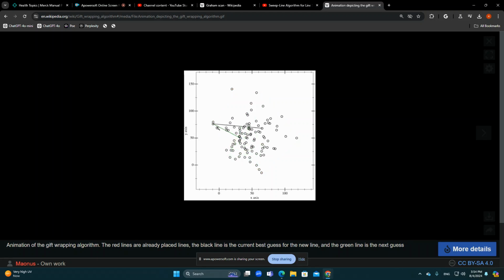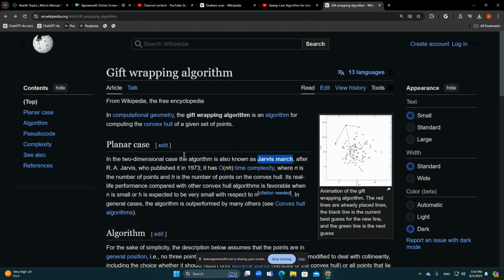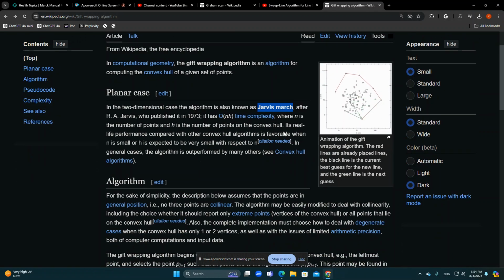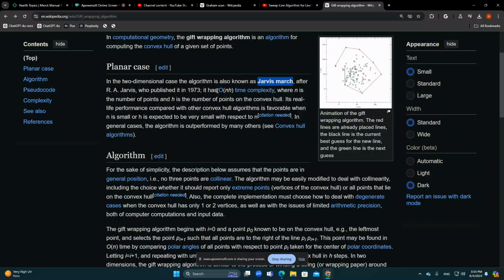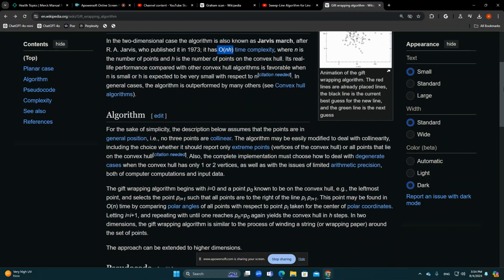This completes the calculation of the convex hull. So this is the idea of this wrapping algorithm, gift wrapping algorithm, because it's like wrapping a gift. This is where the name came from, also the Jarvis march. And this is the time complexity, which is sensitive to the output.